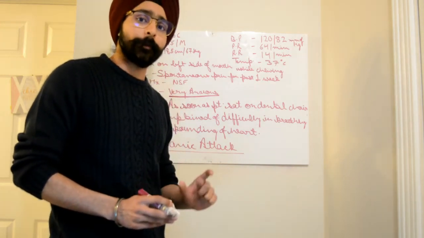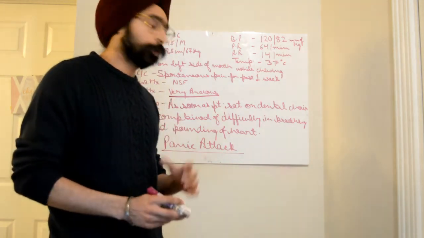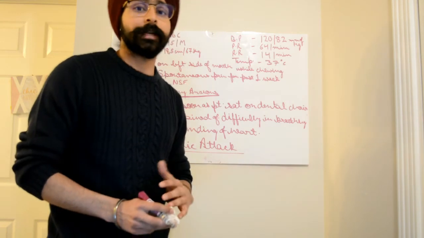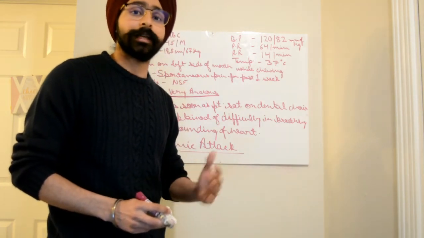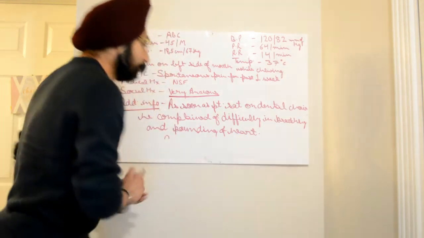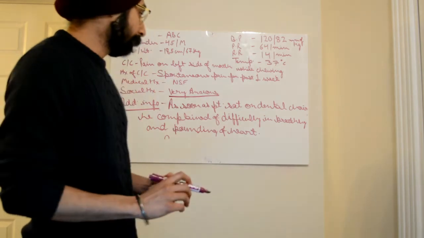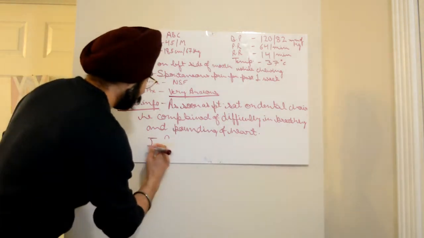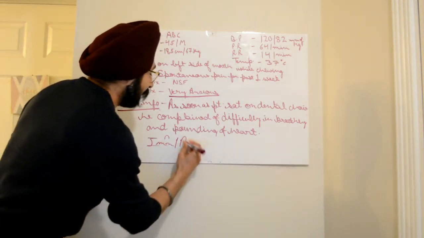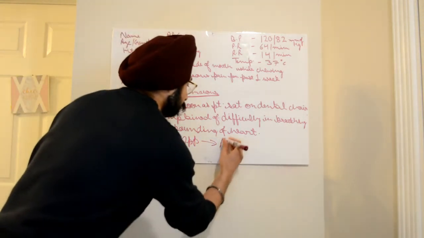But if the patient has hyperventilation in the history, then you cannot give oxygen, then you need to choose the answer breathing into cupped hands. So if in the history hyperventilation is not there, then immediate and appropriate treatment is administer oxygen.